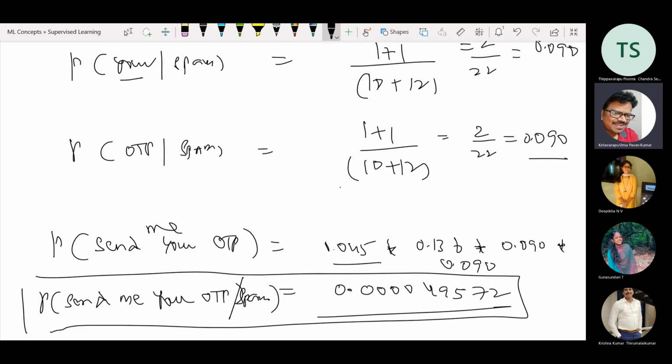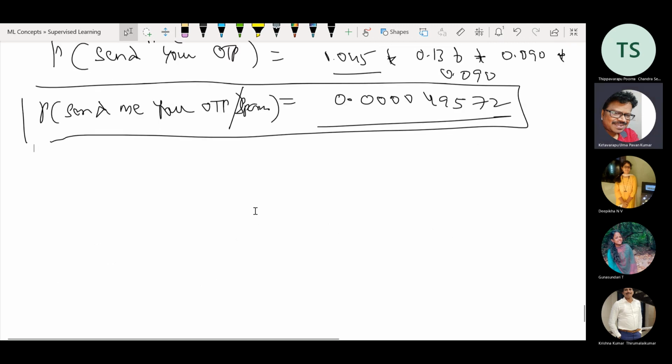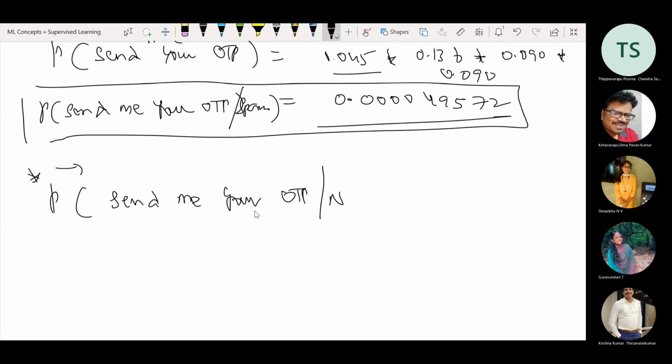Now what is the next step, friends? The next step is to find the probability of the query in the non-spam category. So P of send me your OTP, and I want to calculate the probability given non-spam.